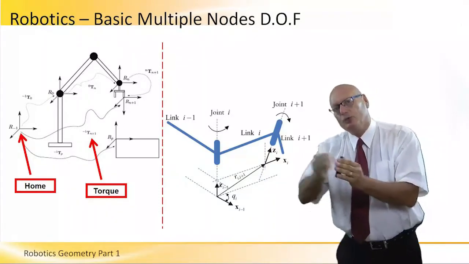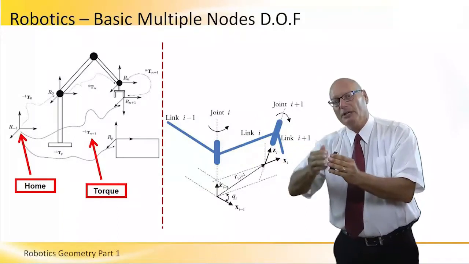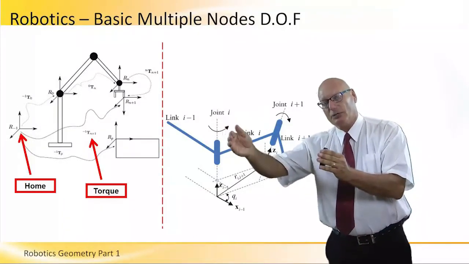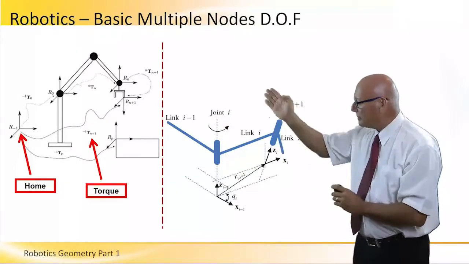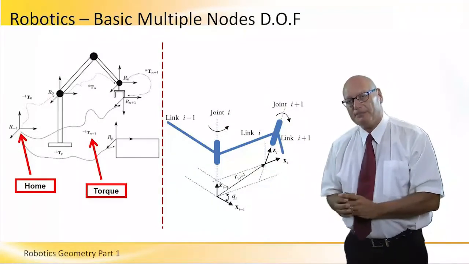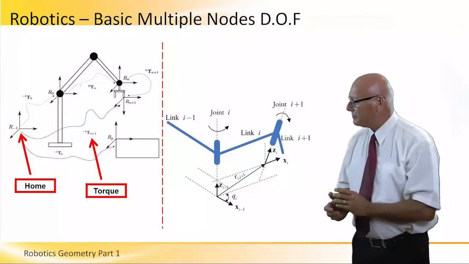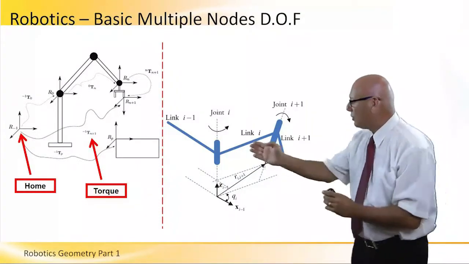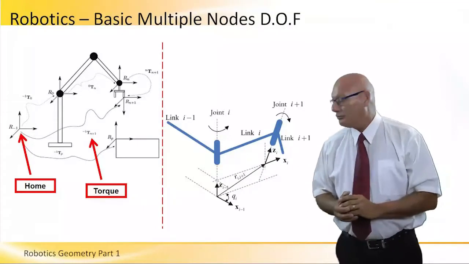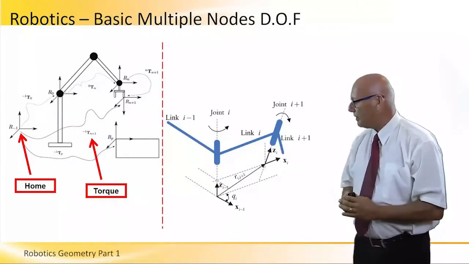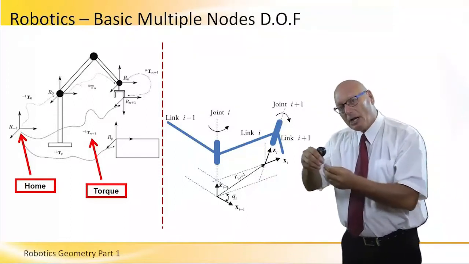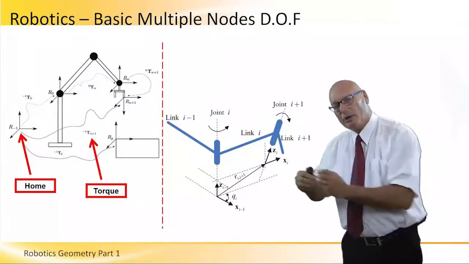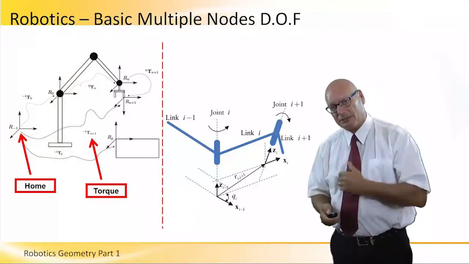Everything that will be towards the gripper of the robot will be link +1, link +2, link +3. So here we demonstrated quite clearly the joint I is the joint in the middle. As we get closer to the base, we call it I -1. Closer to the gripper, we call it joint I +1. And same thing with its own coordinates: X I+1, Y I+1, Z I+1, etc., etc.